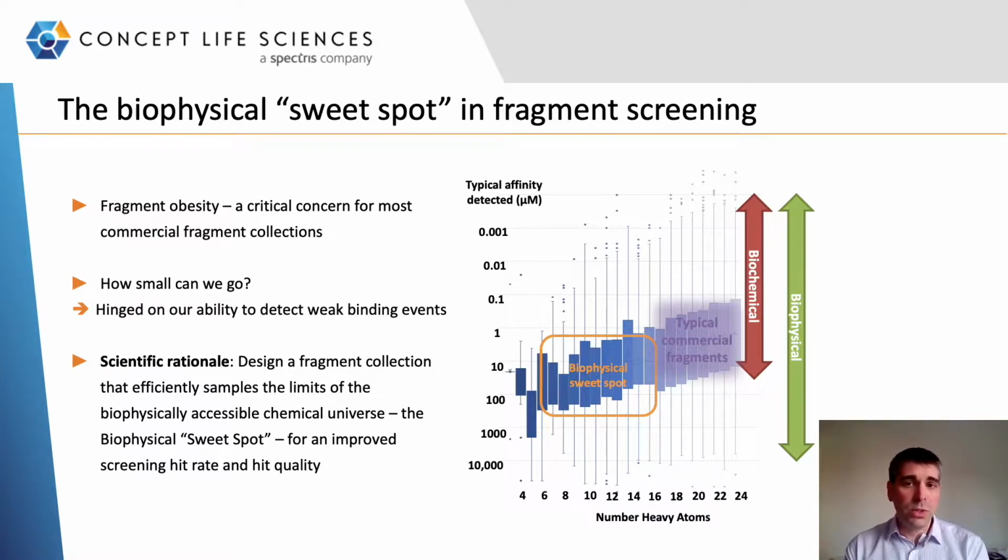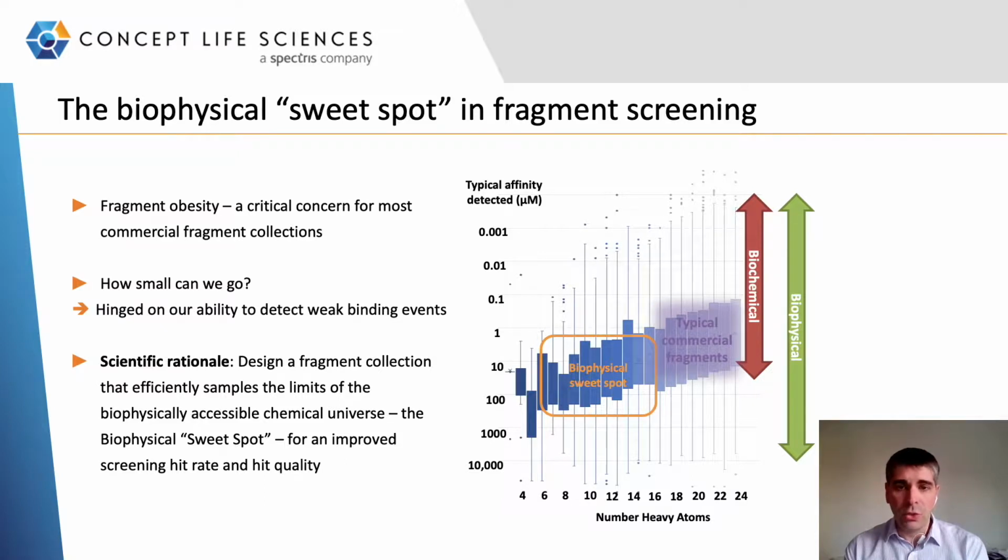So we thought that we should actually try to maximize the capability of biophysical screening by designing a fragment collection that efficiently samples the very limits of the biophysically accessible chemical universe, which we call biophysical sweet spots.